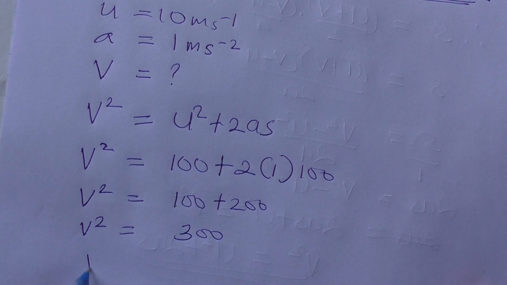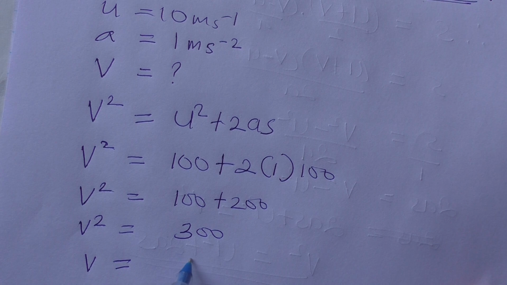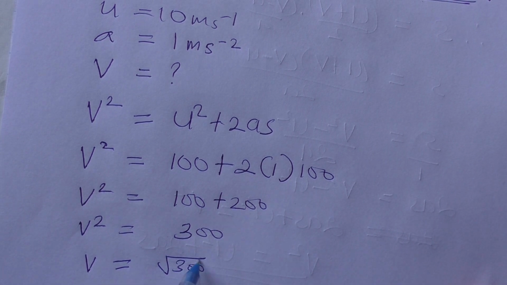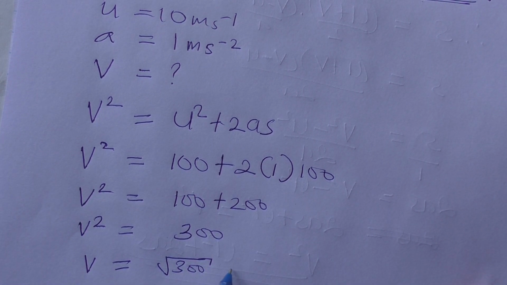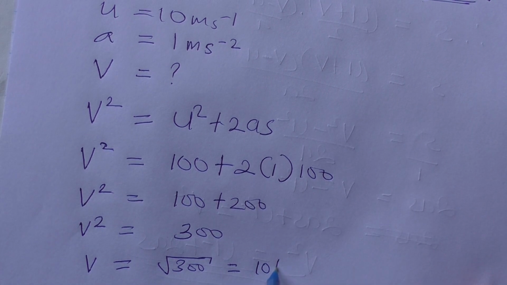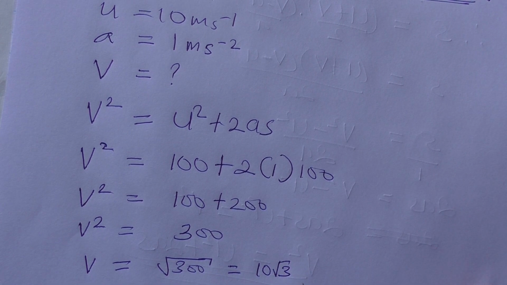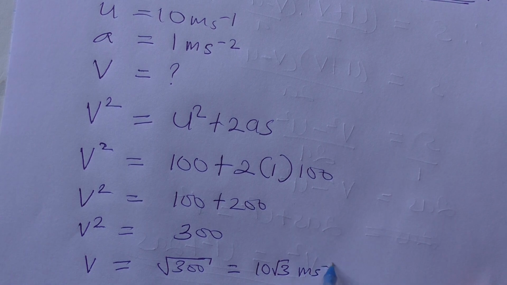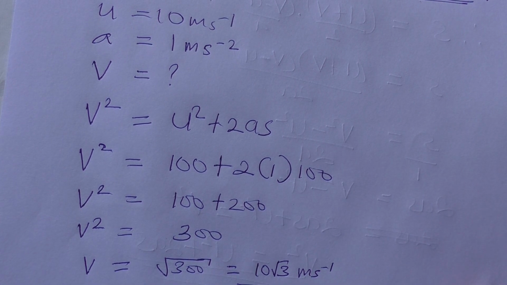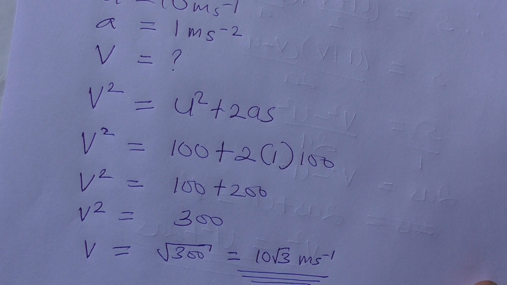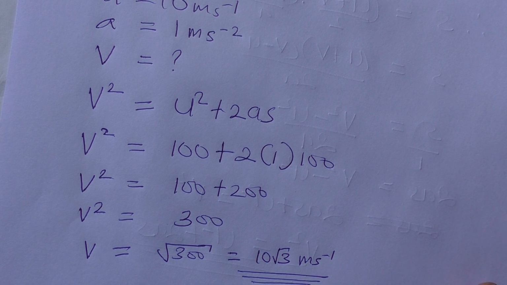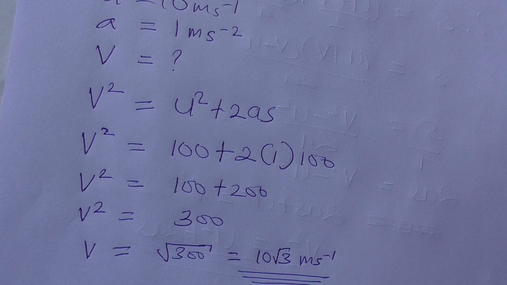So the velocity reached is the square root of 300, which is simply 10 root 3 meters per second. So that is how we shall solve such a calculation using the application of the equations of uniformly accelerated motion.